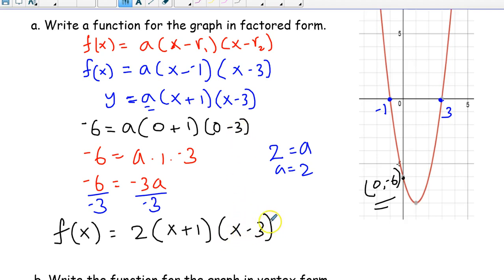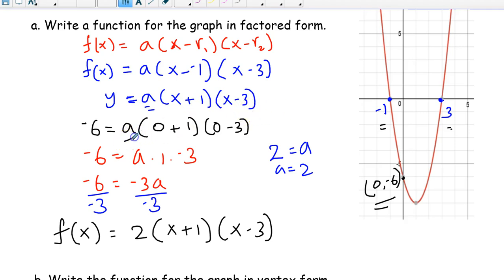And just let me go back and show you what I did here. R1 value and R2 values. Substituted x equal to -1. I mean those zeros of the function which are here R1, that's -1 and 3. And then simplified. So you got a times x plus 1 times x minus 3.